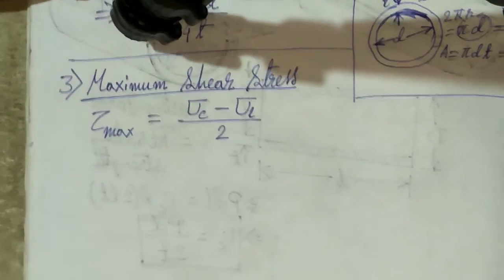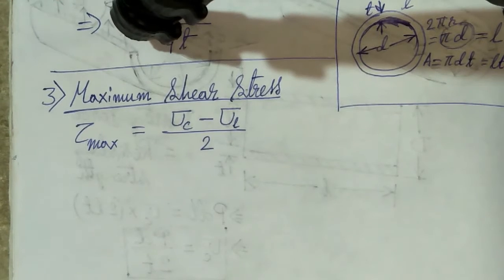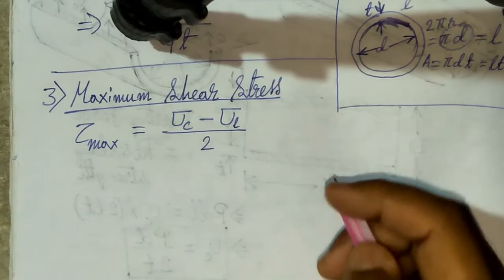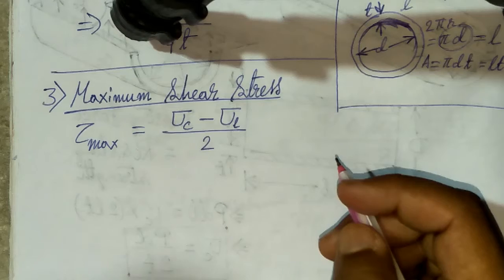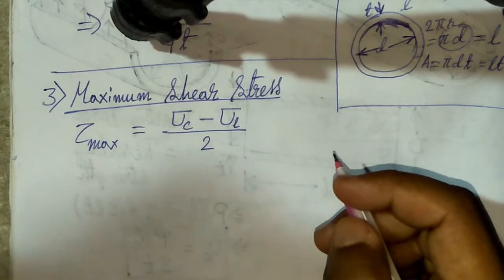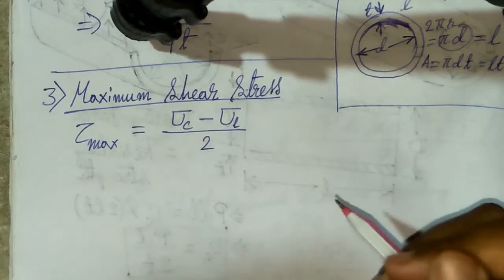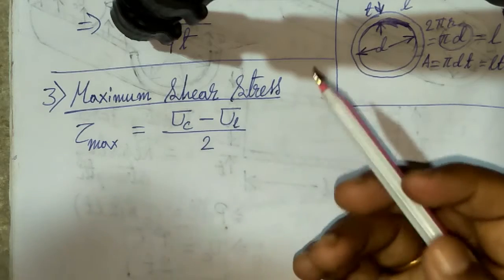Now the maximum shear stress. In a cylindrical shell, at any point on its circumference, there is a set of two mutually perpendicular stresses.